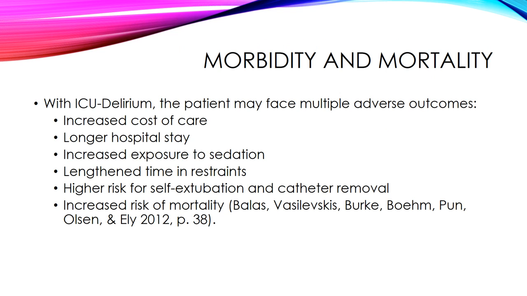With ICU-induced delirium, the patient has an increased risk of morbidity and mortality. With hallucinations and paranoia, the patient wants to self-extubate if their agitation reaches that critical level. They also have a lengthened time in their restraints and exposure to sedation, which can have negative side effects.